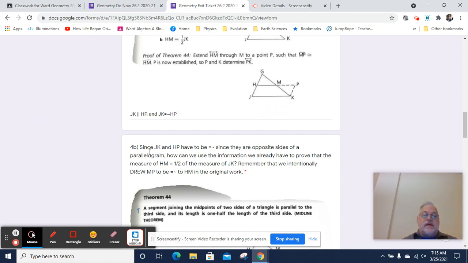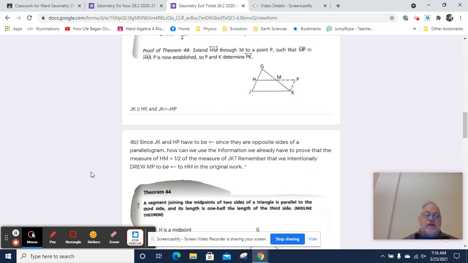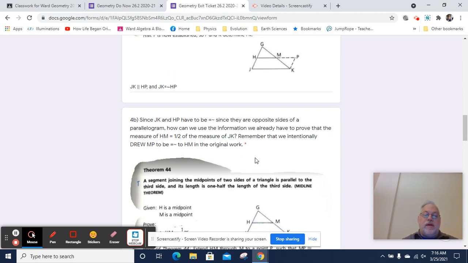Now, since JK and HP have to be congruent because they're opposite sides of a parallelogram, how can we use the information we already have to prove that the measure of HM is 1/2 of the measure of JK? We intentionally drew MP to be congruent to HM.